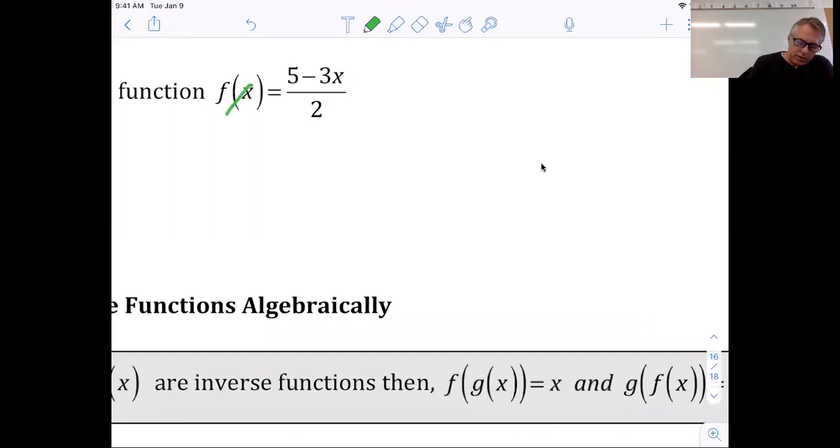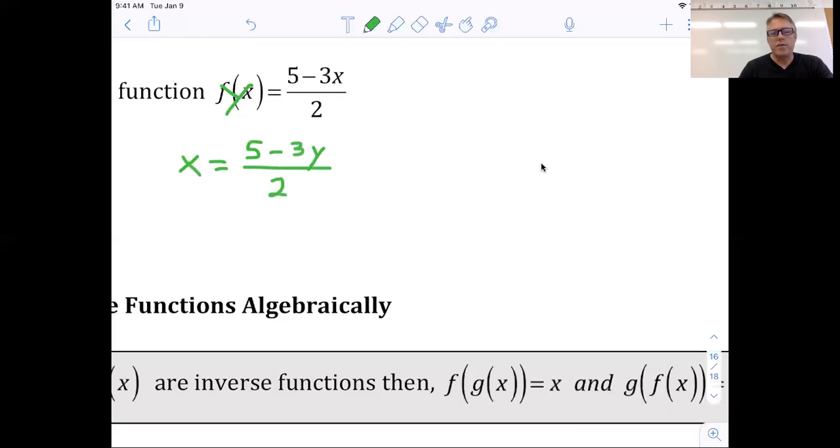You know, f of x is a lot like y. So think of it as y. So if it was y equals 5 minus 3x over 2, and then we switch x and y. So instead of that y, I'm going to make it x. Instead of this x, I'm going to make it y. So it's going to be 5 minus 3y over 2.